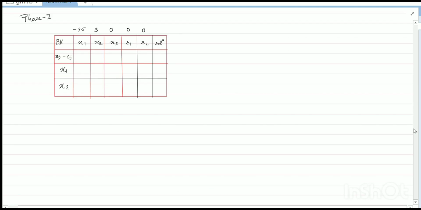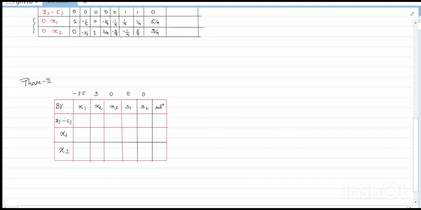Okay, the copied value is 1, so x1 is 1, it is minus half, and this is 0, minus 1 by 4. Okay, s2 is minus 1 by 4. So I don't need to write a2. So this value is 5 by 4, 0, minus half, 1 by 4, and minus 3 by 4, and this value is 3 by 4.